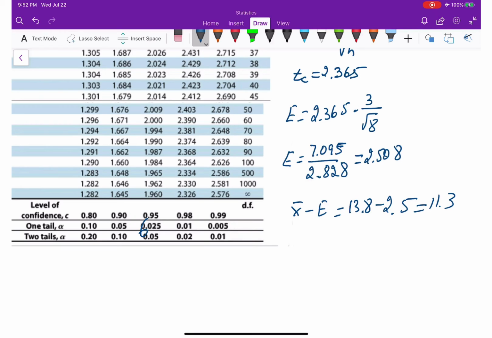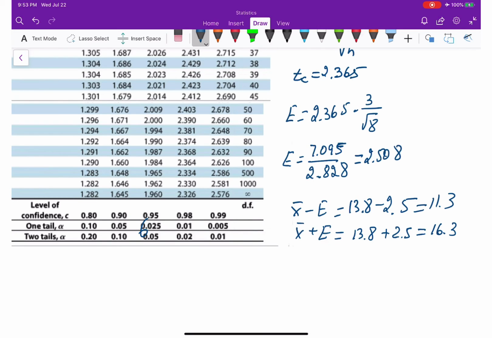Next, I am going to find out x bar plus margin of error, which is going to be 13.8 plus 2.5, and that is going to be 16.3.